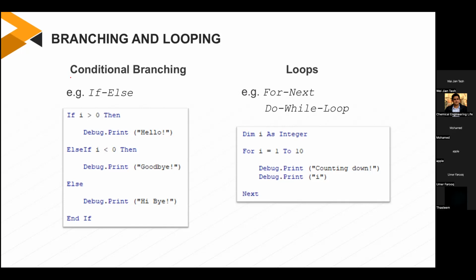So the first is what we call conditional branching. The second is loops. So I'll show you quickly in the IDE what we can have when we use conditional branching and loops. Okay, let me go to my IDE again.